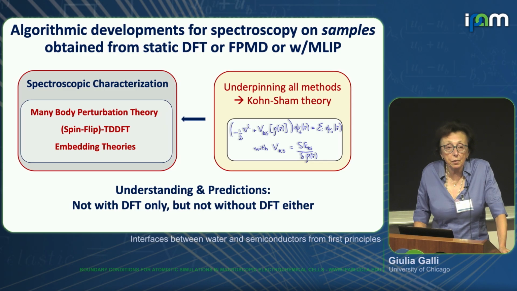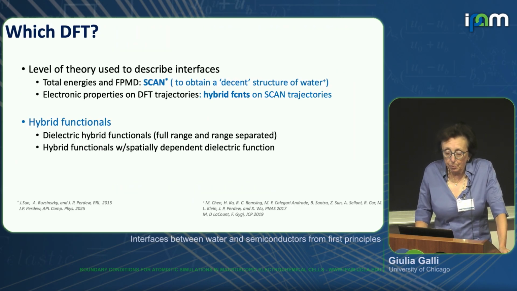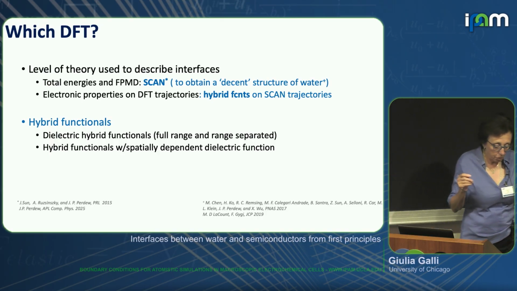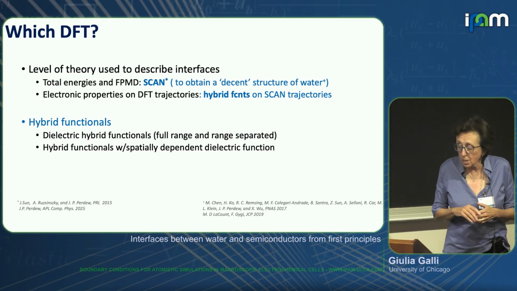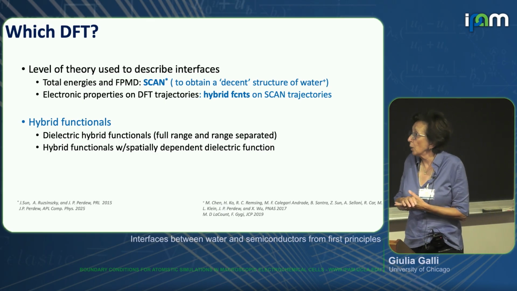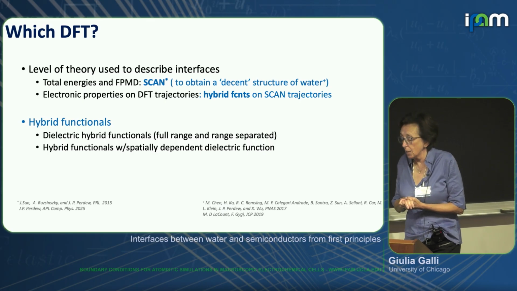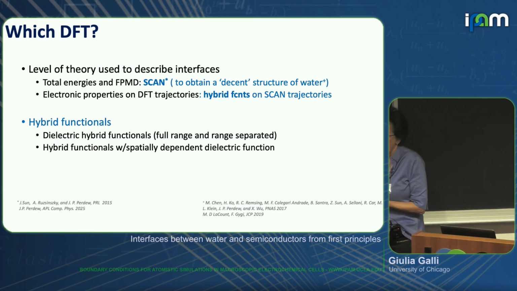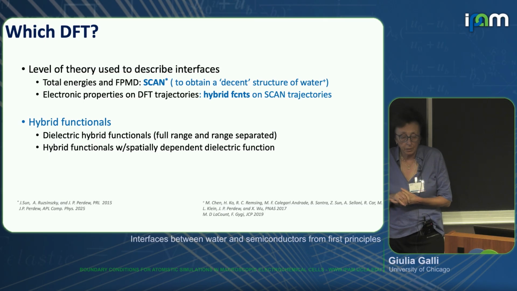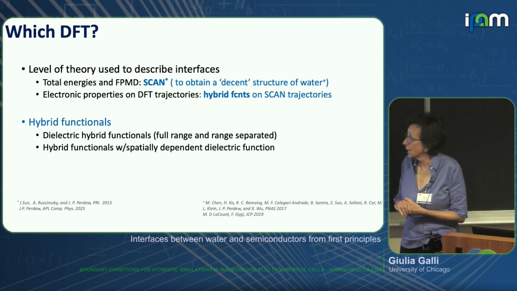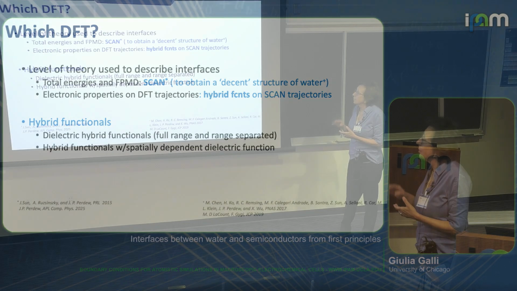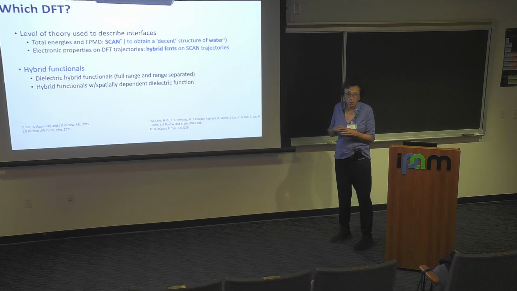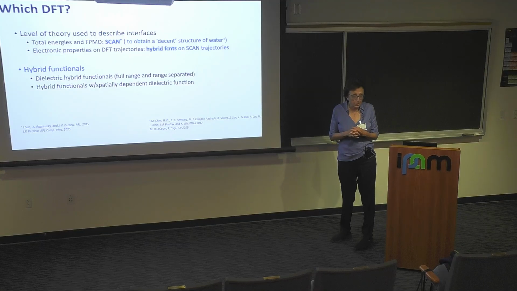And so which functional? I will present results obtained over many years. At the beginning, we were looking at interfaces between water and semiconductors simply using PBE. This is a semi-local functional, very popular in condensed matter physics. In the last few years, we have done simulations almost exclusively to get the structure based on SCAN.